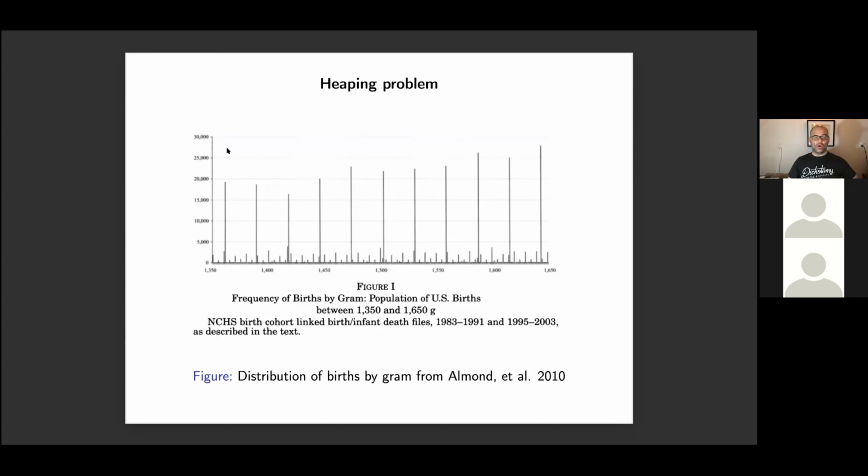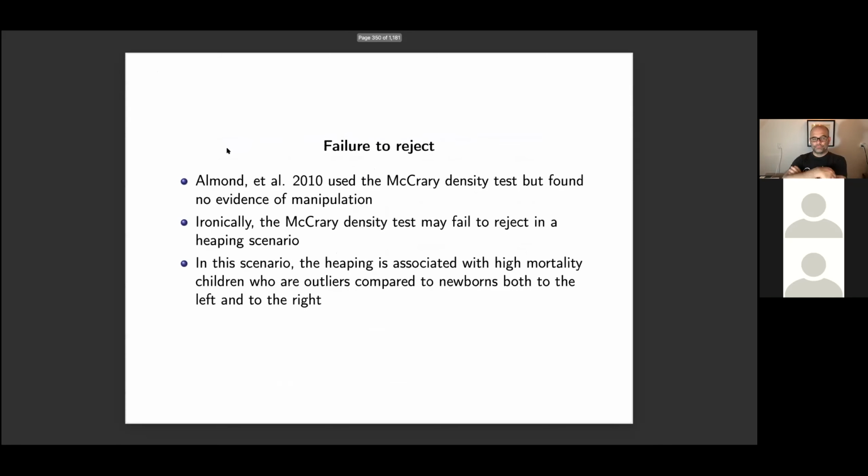So in Monte Carlo estimates, in this case, with the heaping that was there, it just so happened that the babies at the cutoff had very high mortality rates. So all the inference done using those observations was contaminated by selection bias.